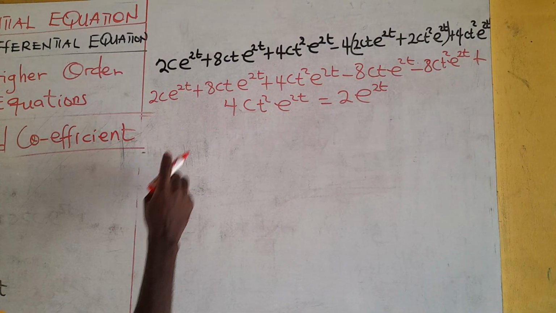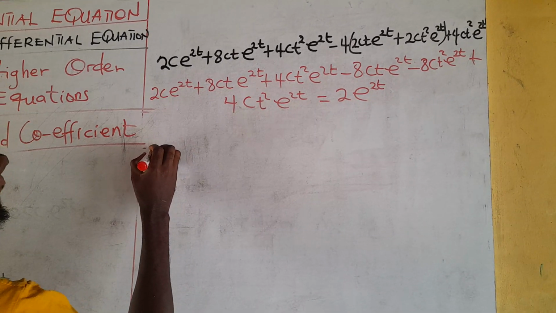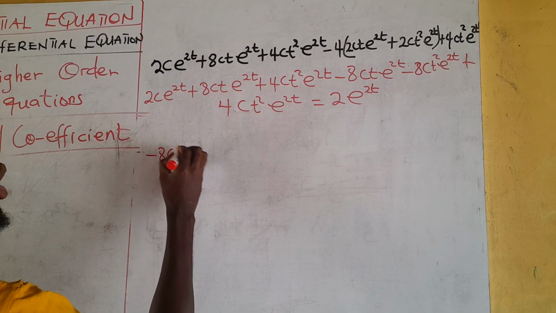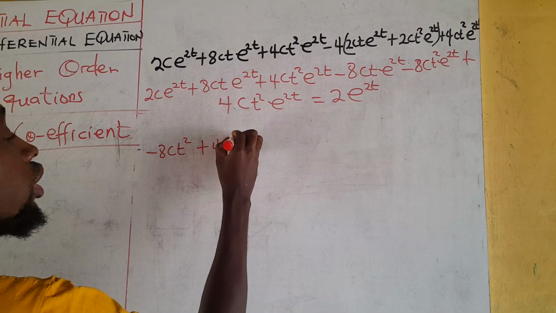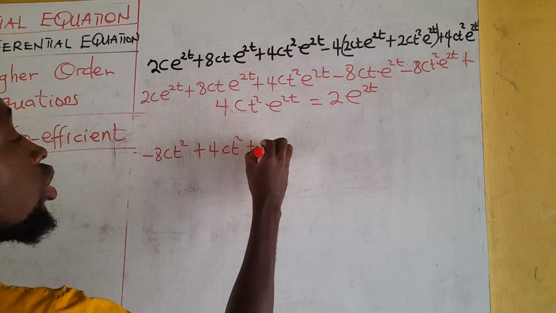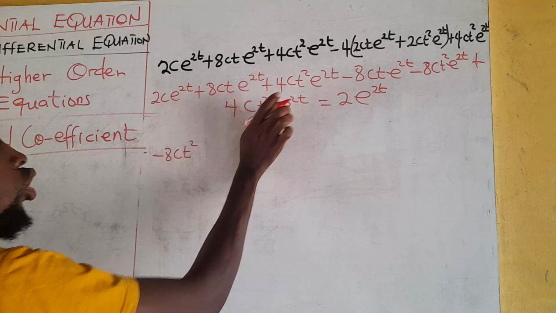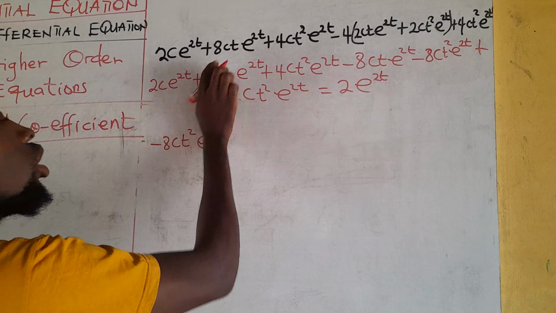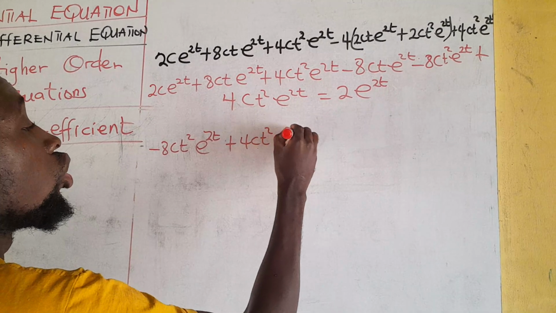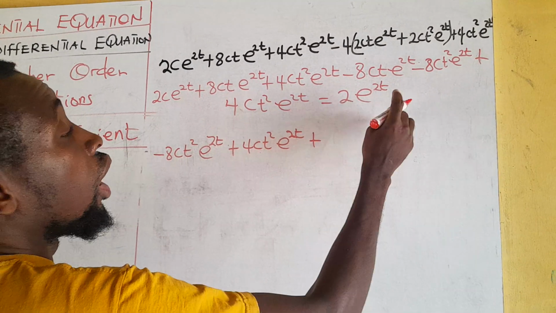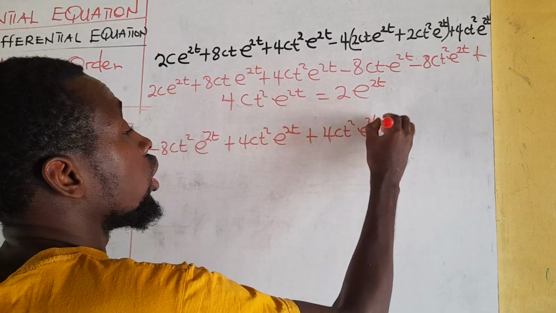So now we group like terms. The t squared terms will come first. So we have minus 8ct squared e exponent 2t, then plus 4ct squared e exponent 2t, then plus this 4ct squared e exponent 2t.